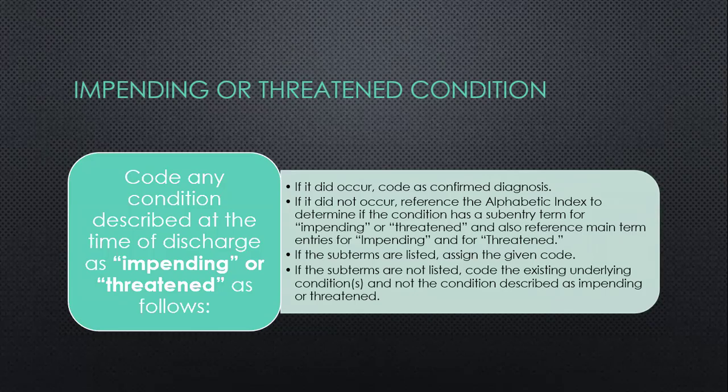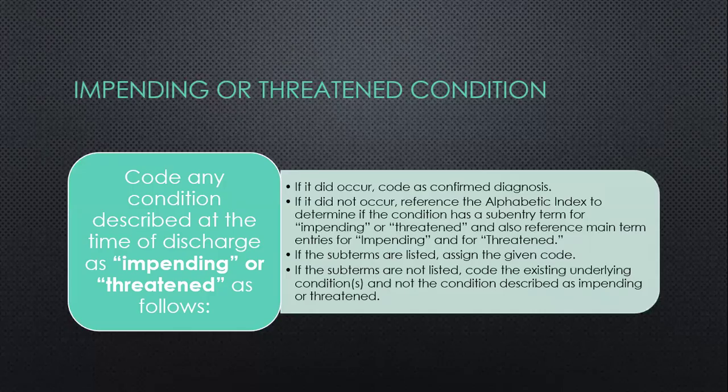So keep that in mind. Okay, ask yourself if it did occur, you code it as a confirmed diagnosis. If it did not occur, then you need to reference the alphabetic index to determine if the condition has a sub-entry term for impending or threatened, and you can reference your main term entries for the impending or threatened condition.